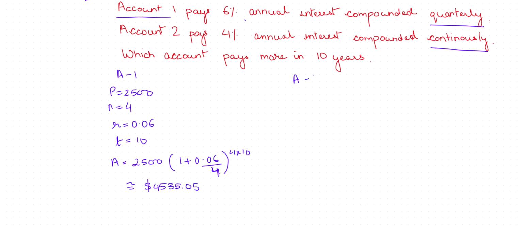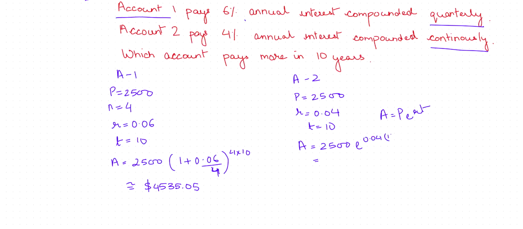Now let's do account 2. Here P is again 2500. It is continuously compounding. r is 0.04 and t is 10. So A is equal to 2500 times e, the formula is A equals Pe^(rt), so e to the 0.04 times 10.